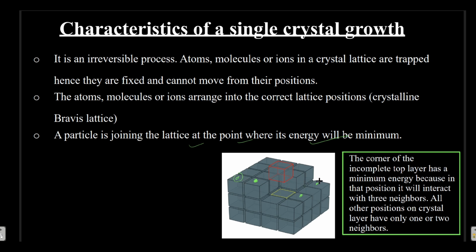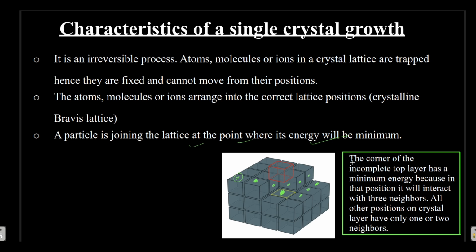Now if it comes over here, then one face and two faces will be joined. Similarly, if it comes over here as well. But if it comes over here, then one, two, and this, including these three faces, will be joined. So if three of the faces are interacting with other atoms, then it will be stable, its energy will be minimum.